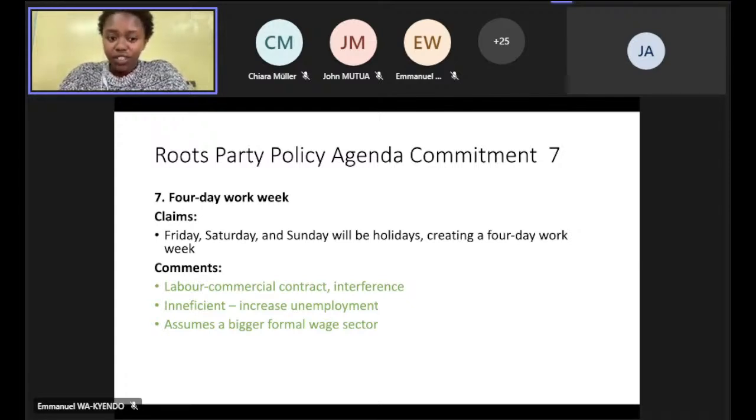Plus, this is inefficient because Kenya already has high rates of unemployment. So reducing the days of working by 1 day will for sure increase unemployment. Plus, this claim assumes that Kenya has a bigger formal wage sector, which is not true, because the labor sector is divided into 3: agriculture, manufacturing, and services.